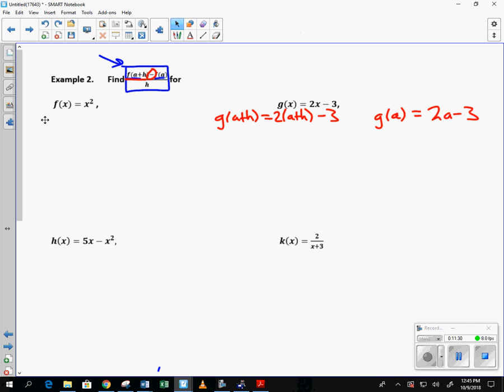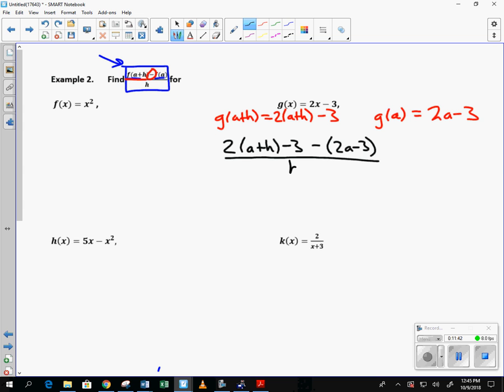Now I'll write it all out. 2 times the quantity, a plus h, minus 3, minus the quantity, 2a minus 3, all over h. We are going to distribute to get rid of the parentheses, and as we get rid of the parentheses, that's going to hopefully allow things to cancel.